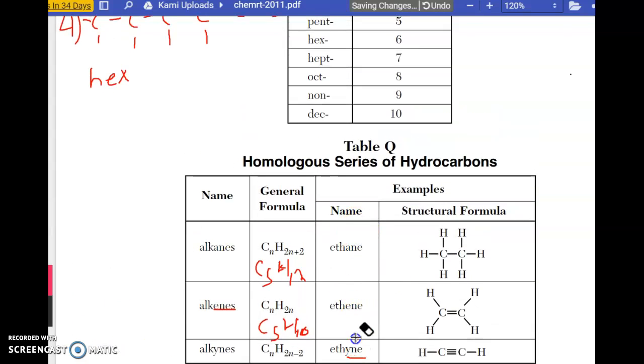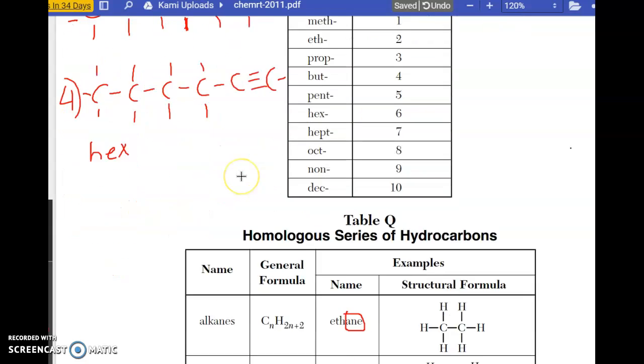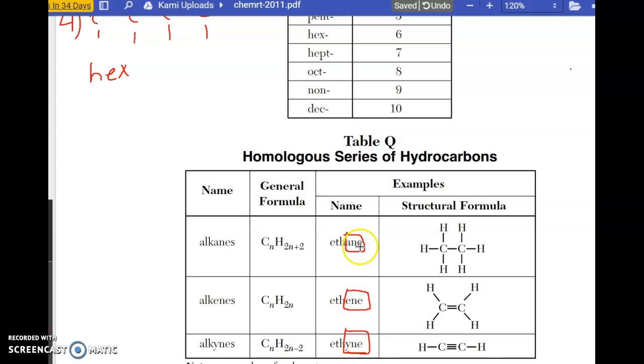Now we have to figure out what the end of the name is. If you have single bonds, you're going to end in -ane. If you have double bonds, you're going to end in -ene, and triple bonds will end in -yne. So for number 3, they're all single bonds here, so it's going to end in -ane.